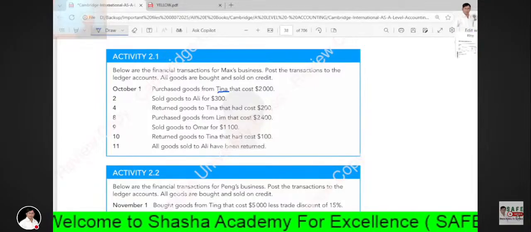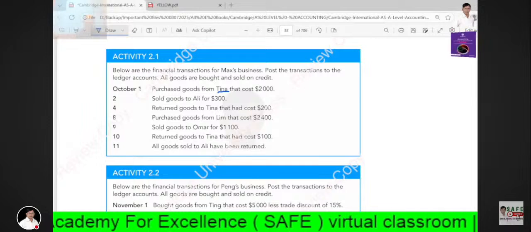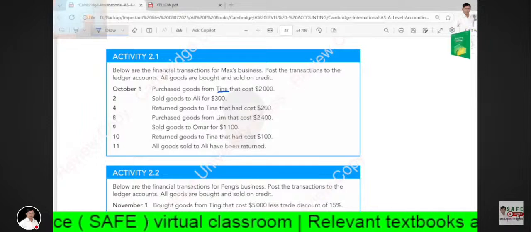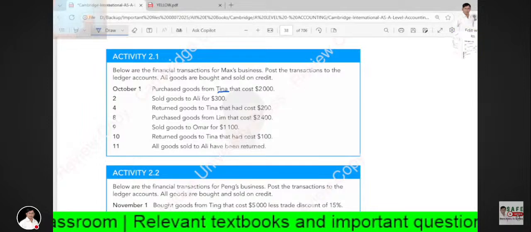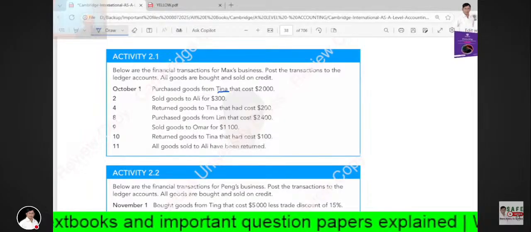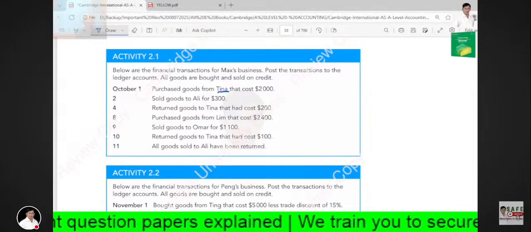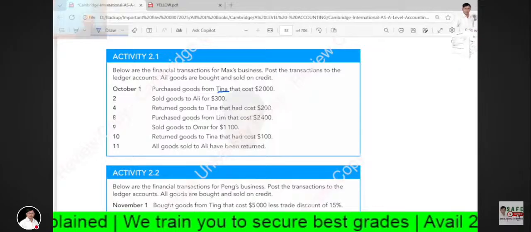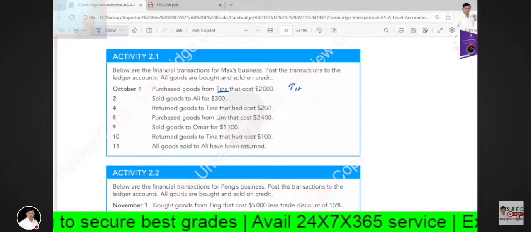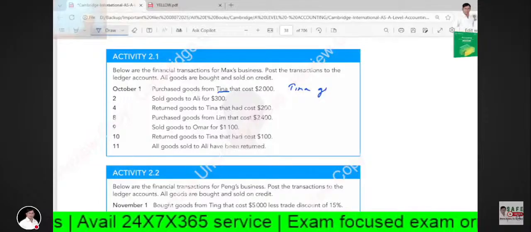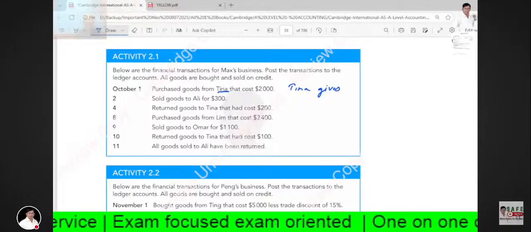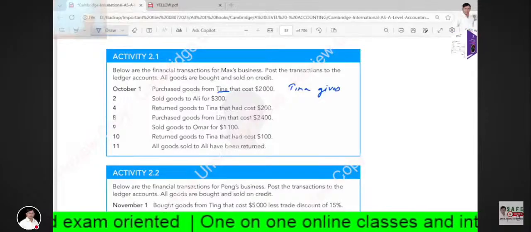When we purchase goods from Tina, Tina is the account that gives, right? Tina gives. When we purchase, obviously Tina gives.